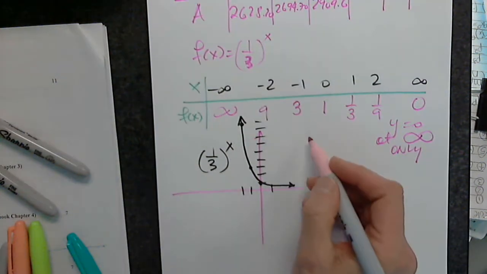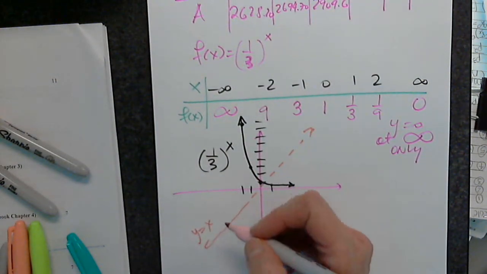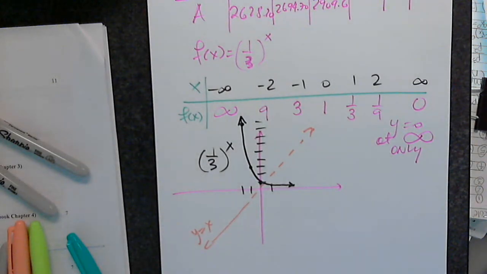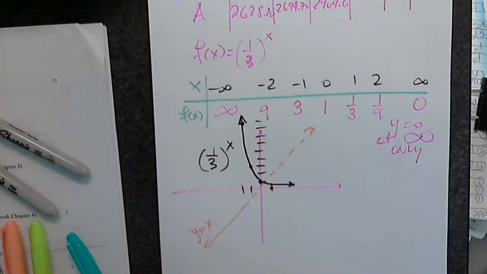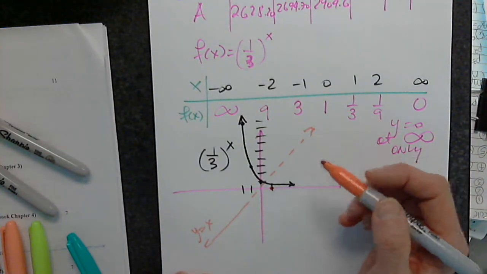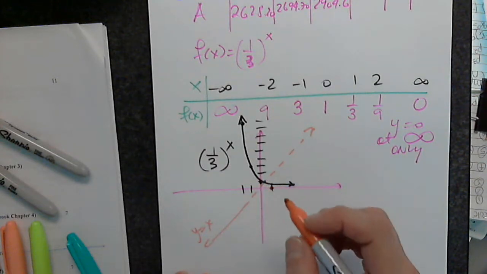Good. So now please give me a couple of ordered pairs so I can graph the inverse function. 1, 0. Yes, indeed, 1, 0. 1/3, 1. Yes. Now be careful.